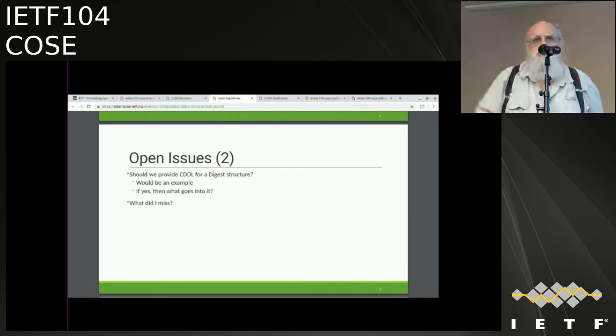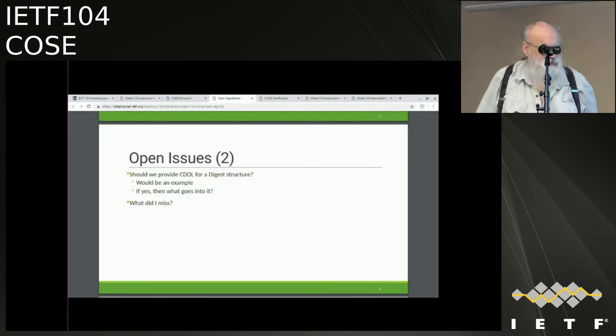So I said, SUIT, you should define your own COSE structure, your own CBOR structure for this, because you may want to put in things other than just the hash identifier and the hash value. You may want to put in things like a pointer to what it is that you're hashing. Yeah, that's why it would be an example.